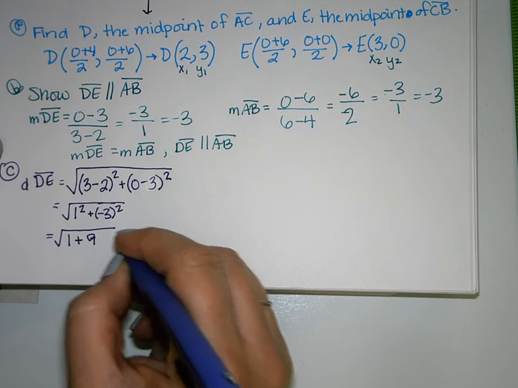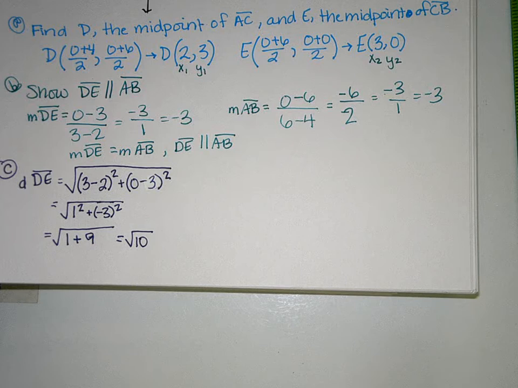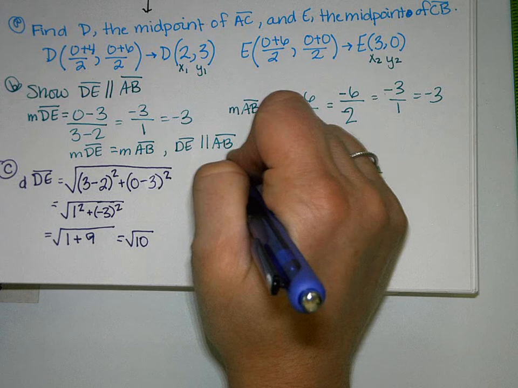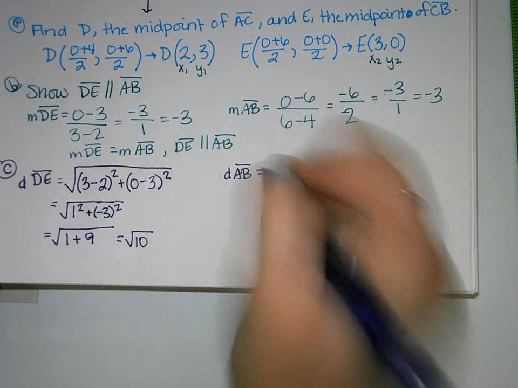So I get the square root of 10. Can we reduce the square root of 10? Think back to the very first week of school. If we do a factor tree, do we get any pairs? No. So that's as simple as it gets. So that's DE. Now we're going to find the distance of AB so that we can compare the distances.